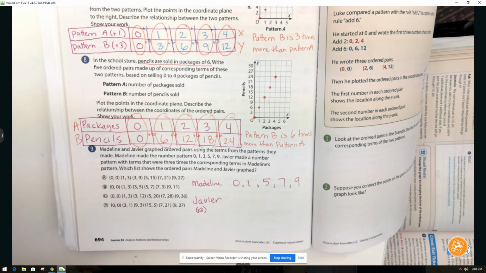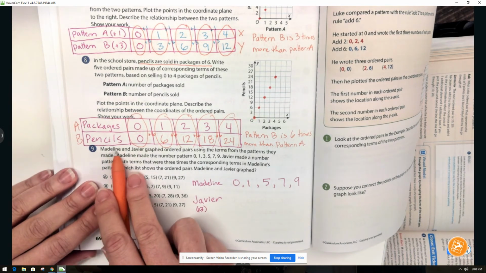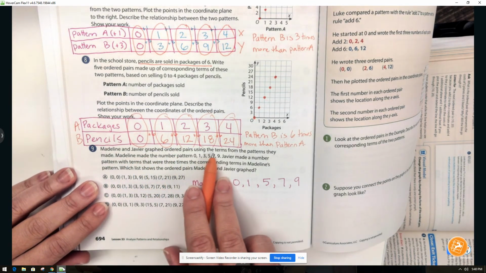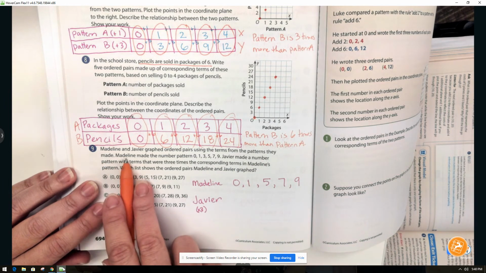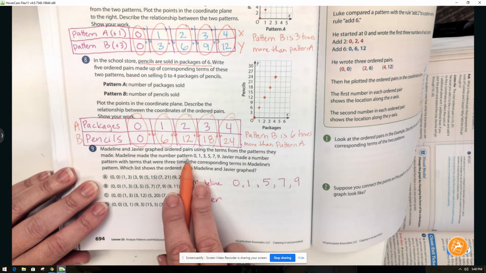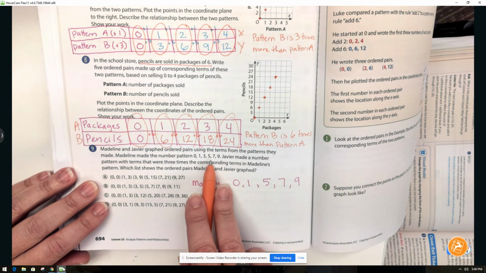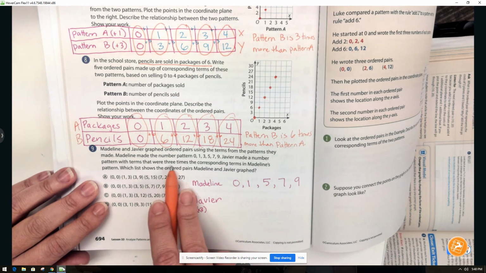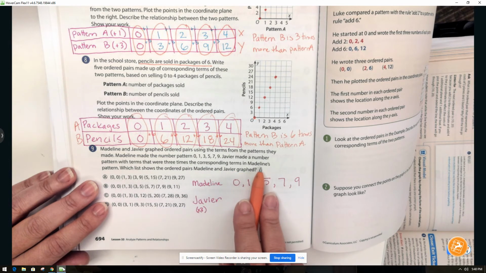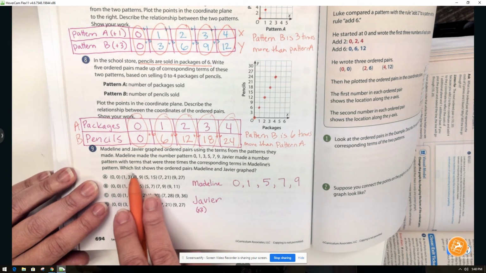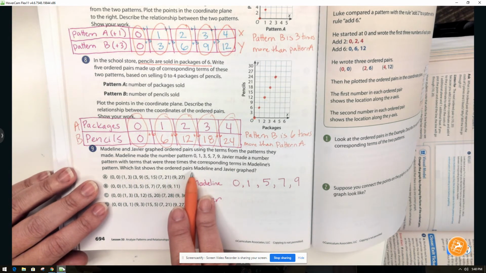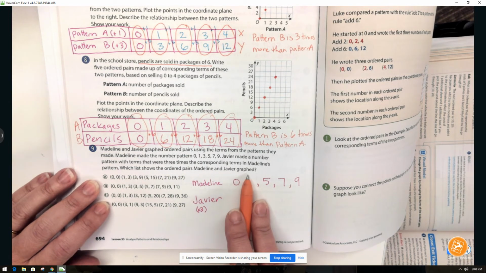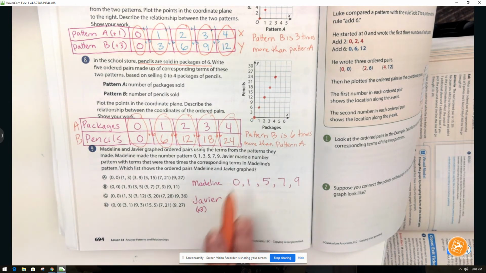And then finally on number 9, Madeline and Javier graphed ordered pairs using the terms from the patterns they made. Madeline made the number pattern 0, 1, 3, 5, 7, 9. Javier made the number pattern with terms that were 3 times the corresponding terms in Madeline's pattern. Which list shows the ordered pairs that Madeline and Javier graphed?